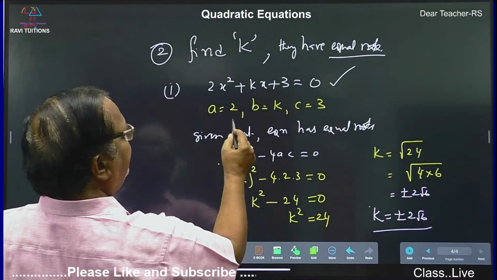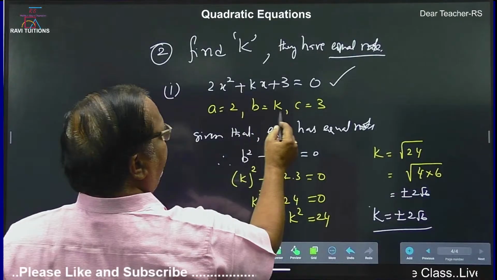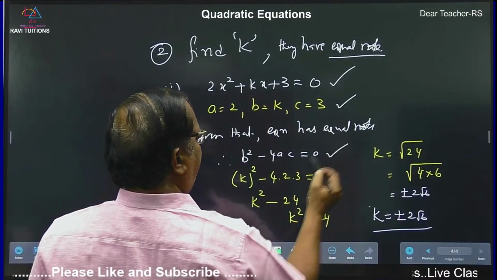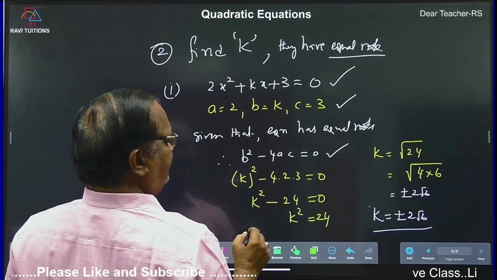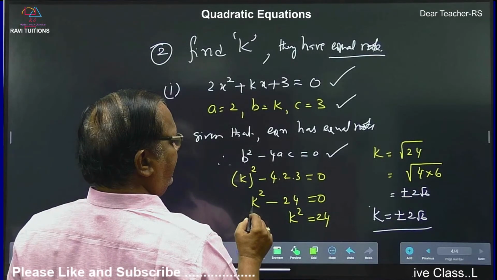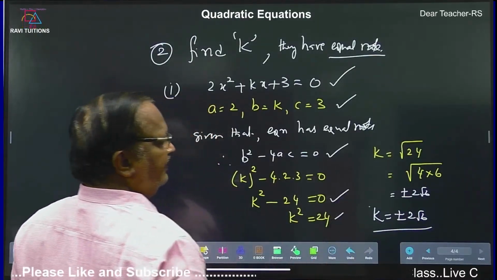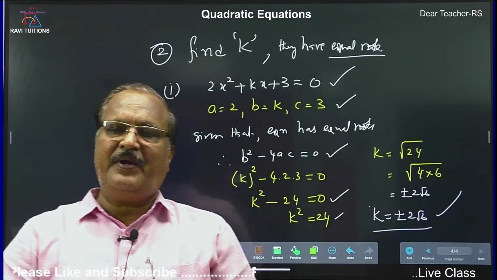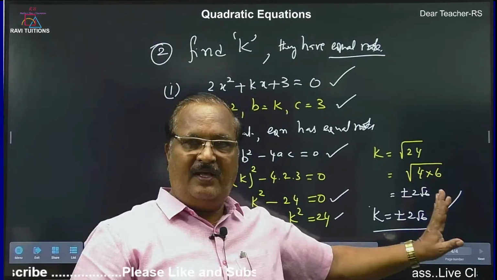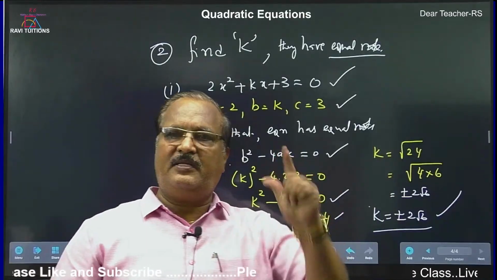So a is equal to 2, b is equal to k, c is equal to 3. This is also correct, the condition is correct. B is k square, 4 into 2 into 3, that is also correct. K square minus 4 eights, 3, everything is correct. Yes, mine is correct. Whenever you have a suspicious, doubtful answer, better check once.